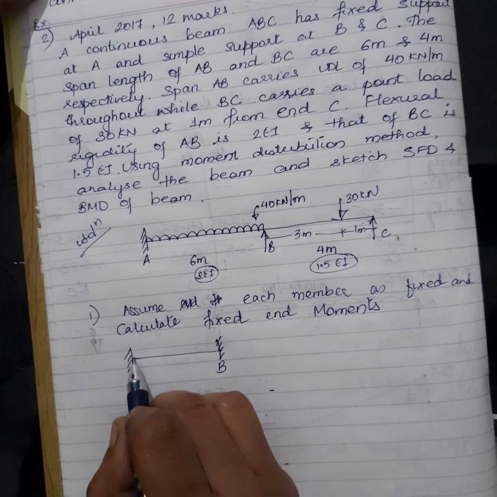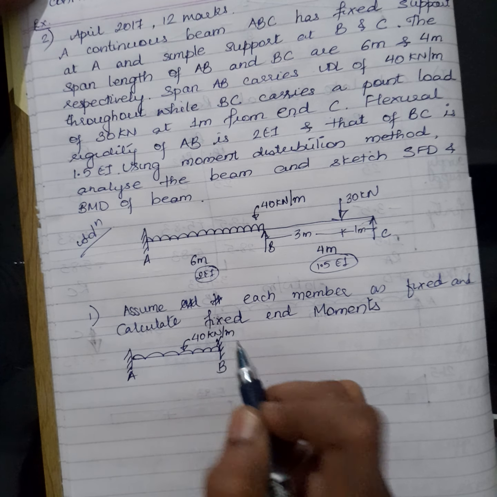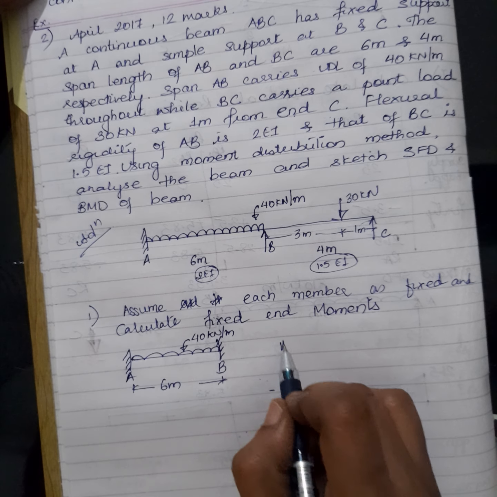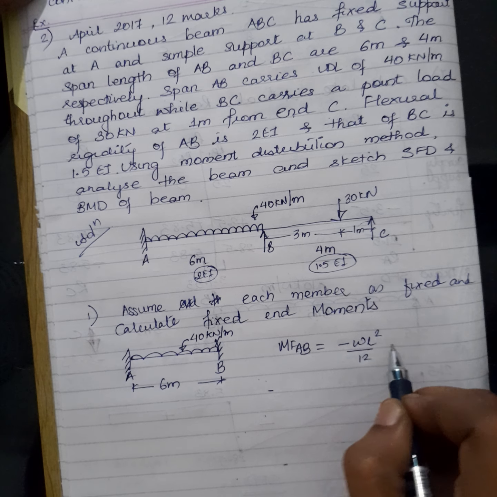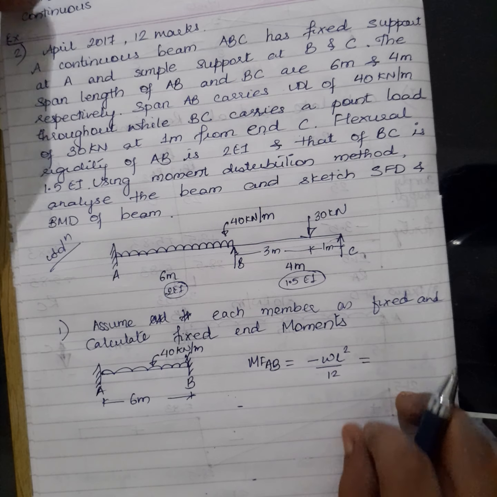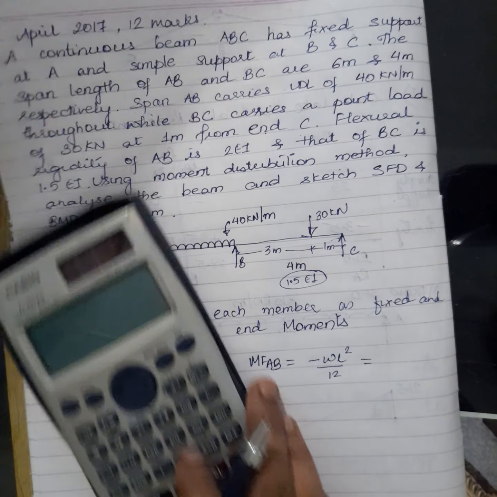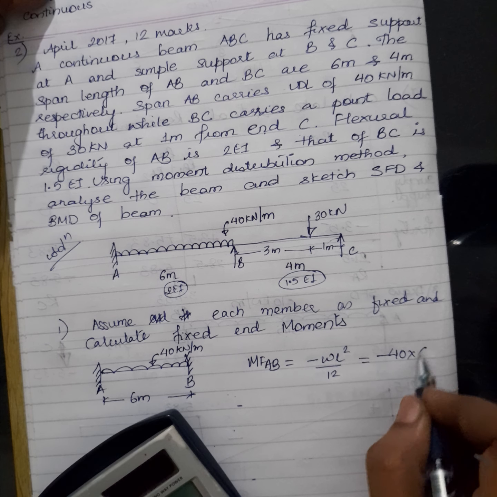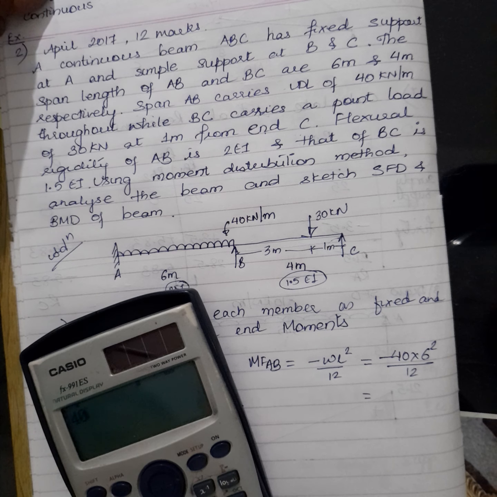For A and B, the UDL over that is 40 kilonewton per meter. Then we have a 6 meter span and we have to calculate MFAB, which is minus WL square by 12. We have learned this in the previous chapter. So substitute: minus 40 into 6 square divided by 12.